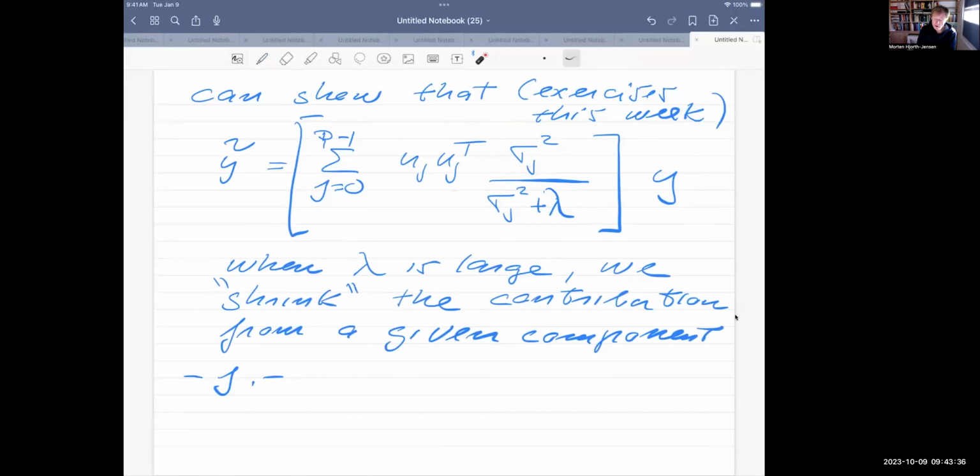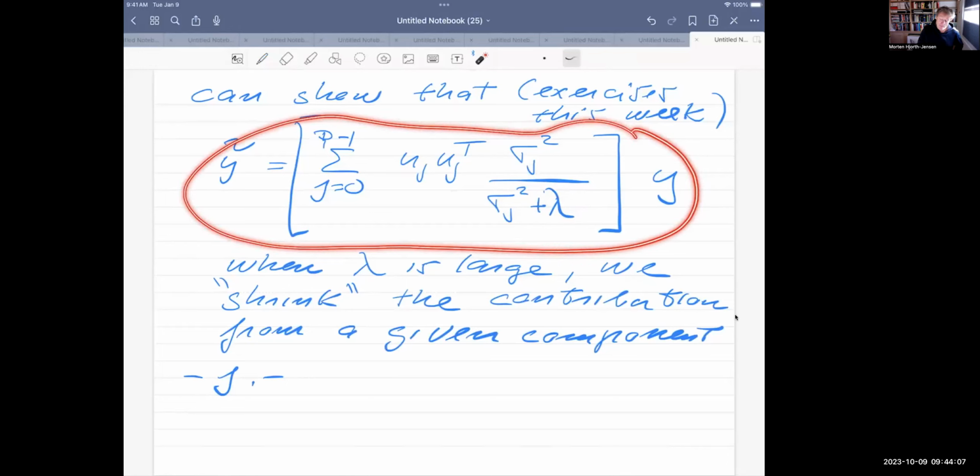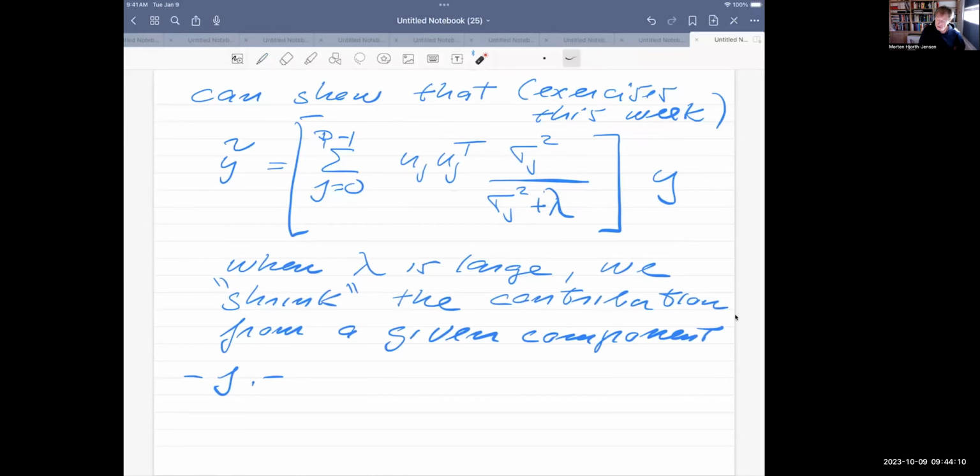Later, when we introduce a probabilistic, statistical interpretation of ridge regression, we are going to see that this lambda can be interpreted as something proportional to the variance of the parameters beta. But we will come back to that a little bit later. The nice thing with these expressions is that we can use plain linear algebra to understand what happens.